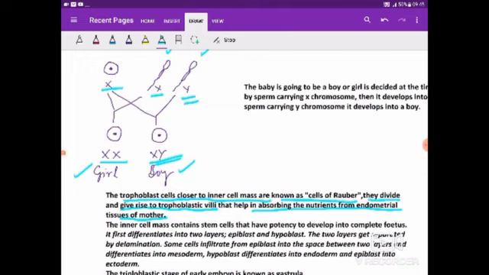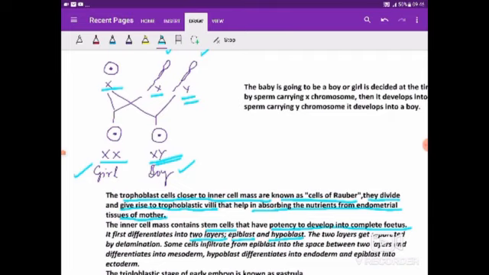Actually, the inner cell mass consists of stem cells that have the potency to develop into a complete fetus. So these stem cells undergo differentiation. First, a two-layered stage develops, with the epiblast and hypoblast.